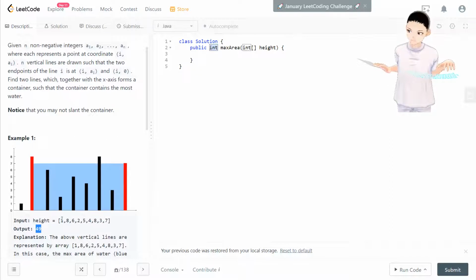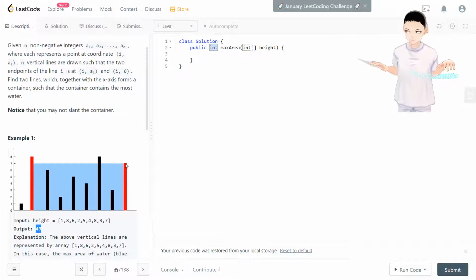To solve this problem, we can have a start pointer pointing to the first one, and an end pointer pointing to the last one. In this case, we have the left max here and the right max here. Now we compare left and right.